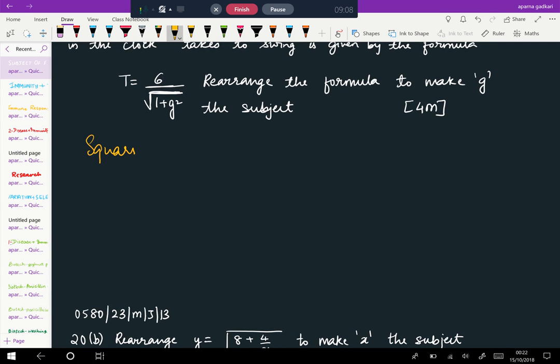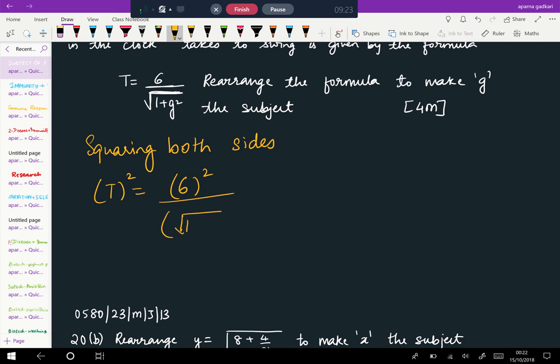So squaring both sides. What do we get? We get t square equals 6 square divided by square root of 1 plus g square the whole square. So therefore what do we get?